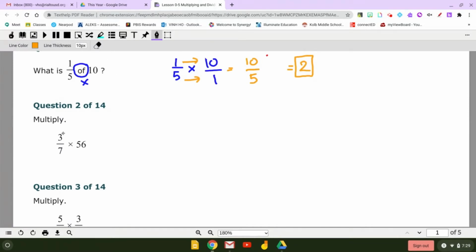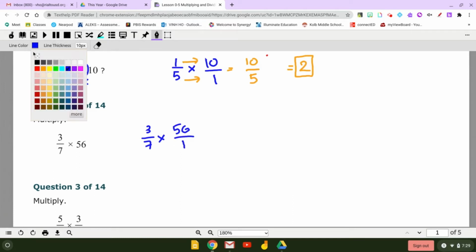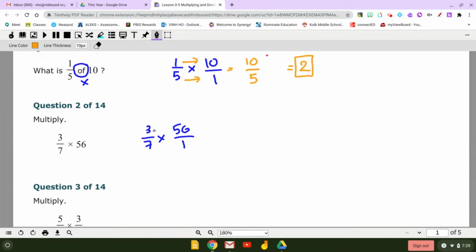Now, question 2, we have 3 over 7 times 56. So the same concept. 3 over 7 times 56 over 1, right? So then we can multiply straight across. So that will be 3 times 56 and 7 times 1. 3 times 6 is 18, remember 1. 3 times 5 is 15, plus 1 is 16, over 7.